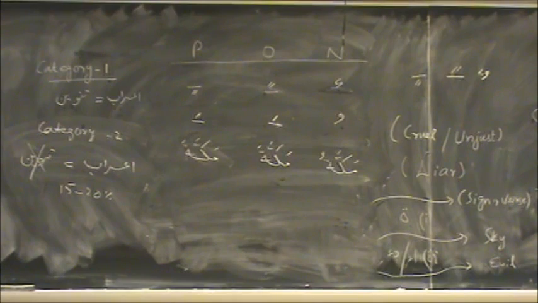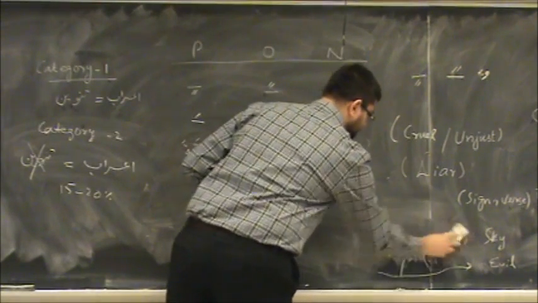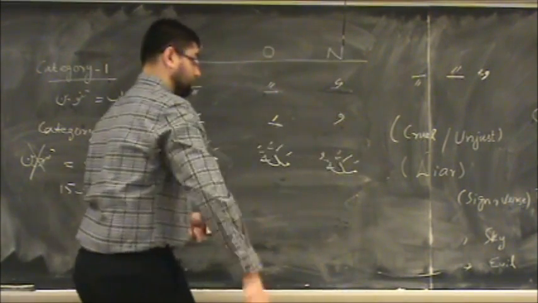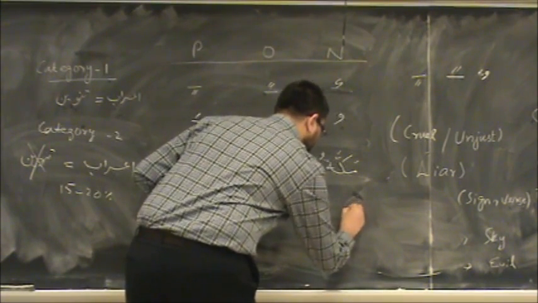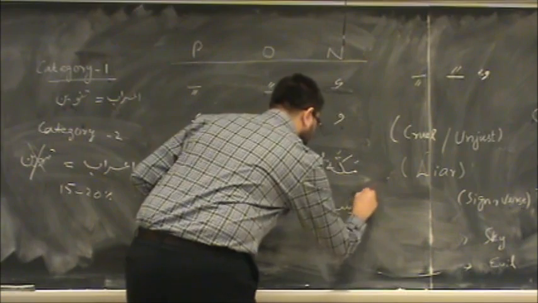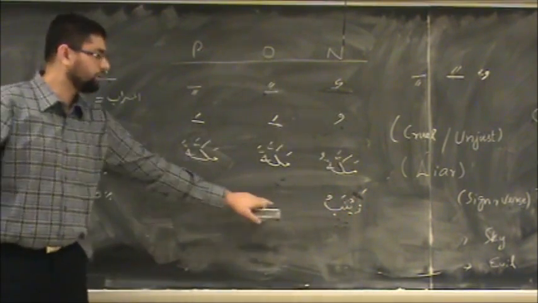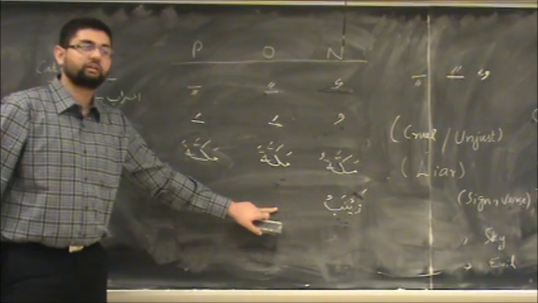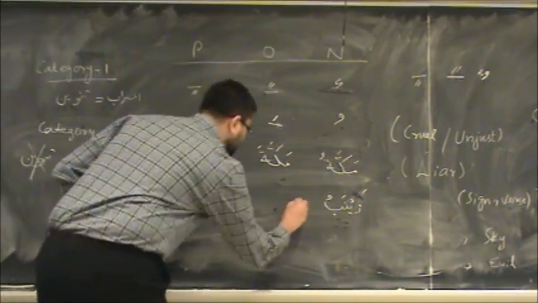The first one is Makkatu. So there are many other, like I said, names of women, like Zainabu. Zainabu. What will it become? Zainaba. And here? Zainaba.